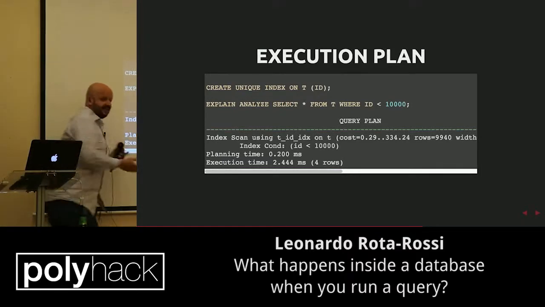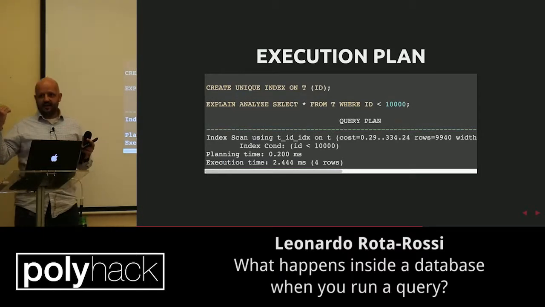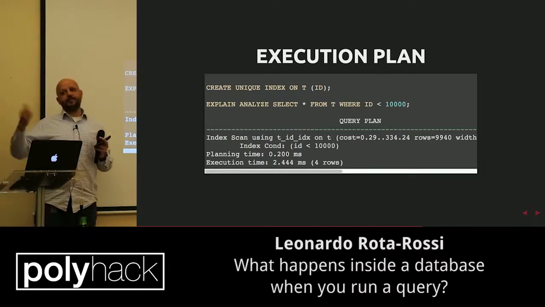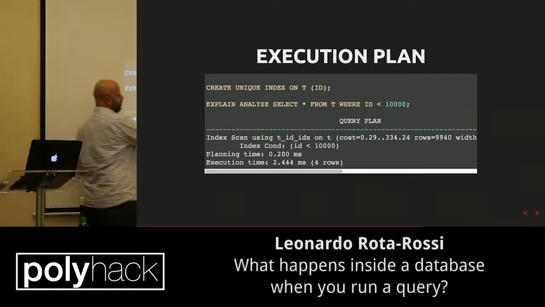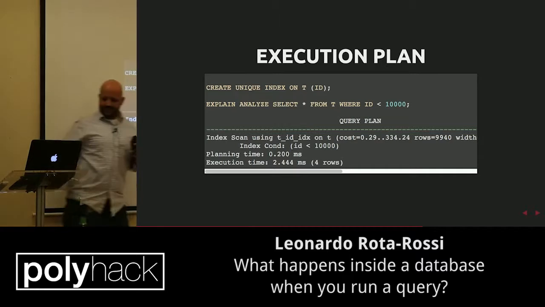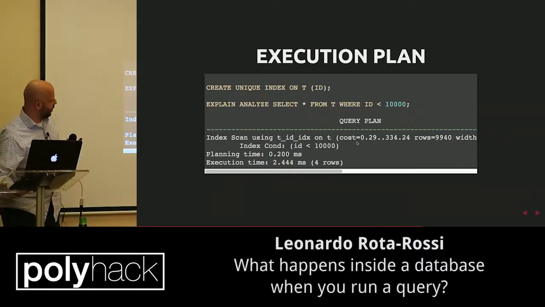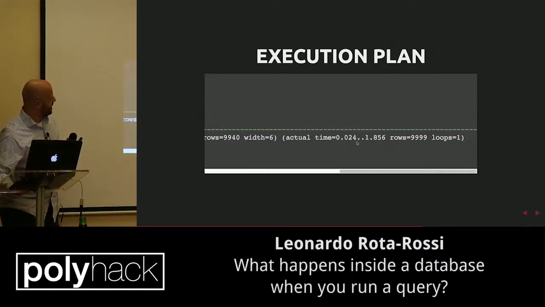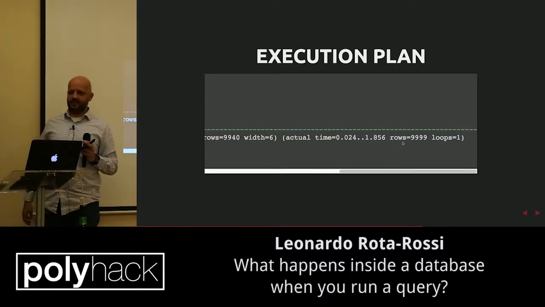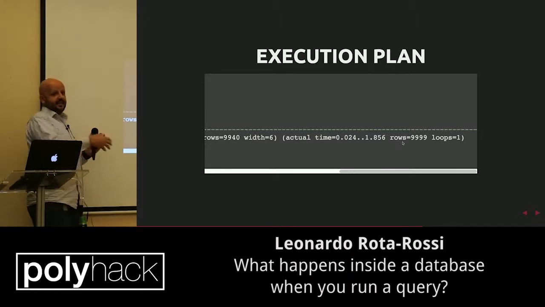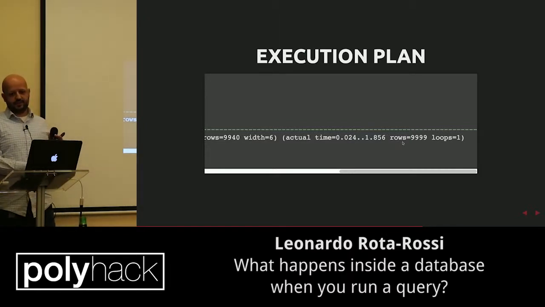That's why that plan was chosen. The database could still use the other plan because it works, but this plan was better. Same statistics for the rows, same rows and same loops. So you can see that an index improved the execution time a lot here.